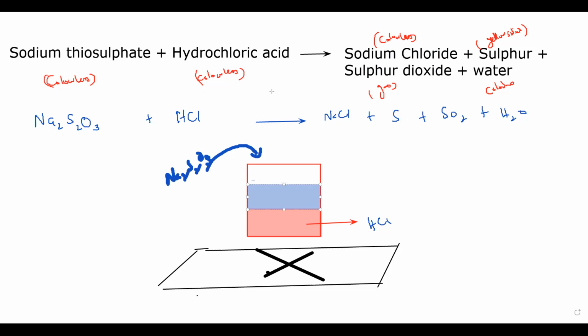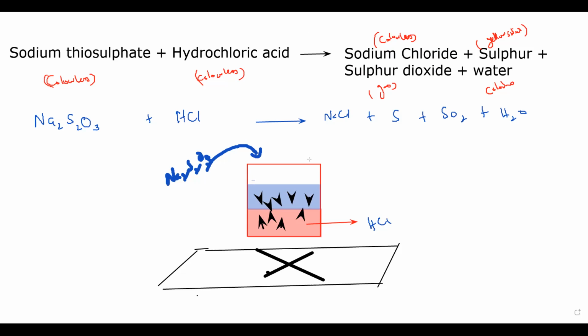When these solutions are mixed with each other, they start to react. The hydrochloric acid particles try to react with sodium thiosulfate. And as they react with each other, what will form? Sodium chloride will be there, a colorless solution.